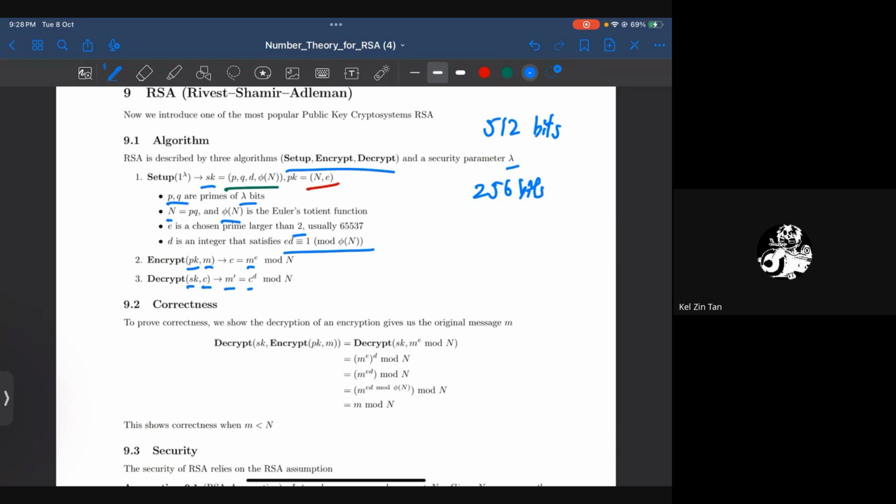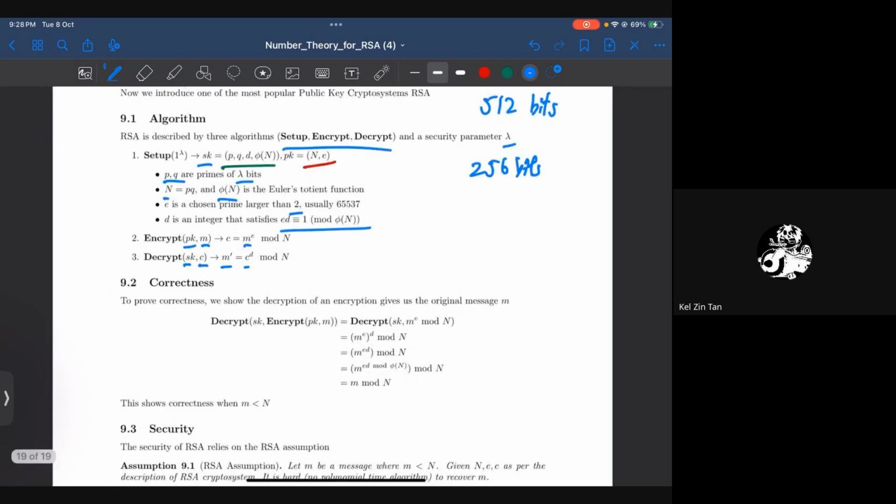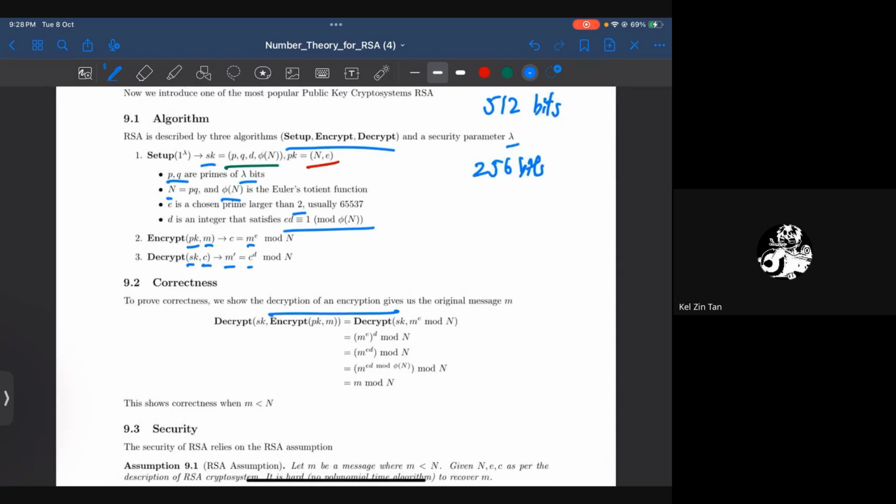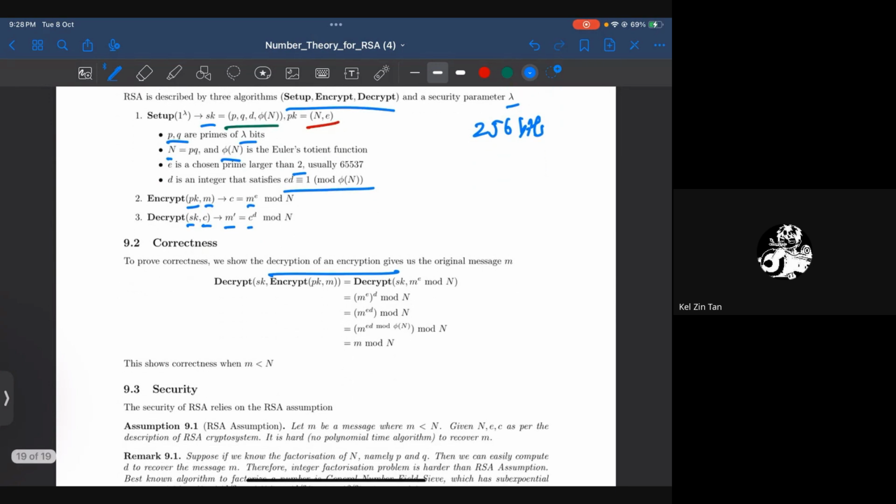So now we want to prove the correctness of RSA. To prove correctness, we show that the decryption of an encryption gives us the original message. So basically, what I want to show is that this thing will be equal to m, because after I perform the encrypt function, if I do the decryption on the encrypted message, then I should get back the original message. So plugging in the values, the encryption of m under the public key is just m to the power of e modulo n, and then the decryption raises this thing to the power of d, just following the definition.